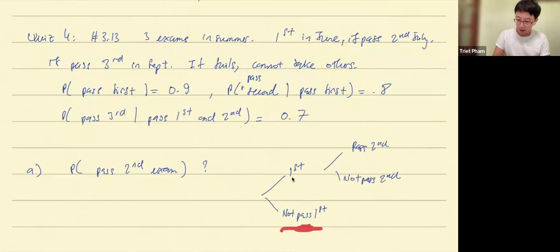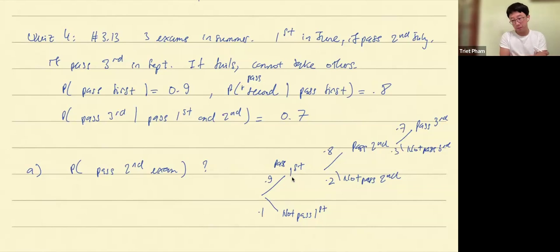And then pass third, not pass third. Like that. And then this is 0.9, 0.1, 0.8, 0.2, 0.7, 0.3. Correct?